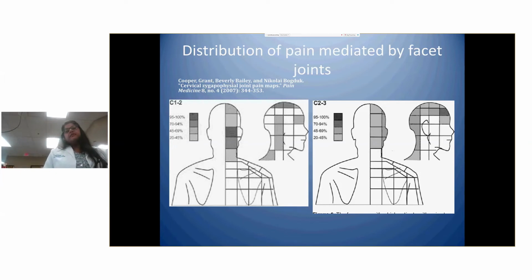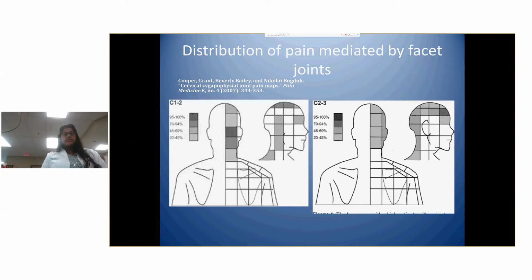And the researchers performed facet joint injections, facet joint blocks, at areas based off of where they thought their pain was originating from. And if it was a positive or a negative result, that was recorded. A nurse was blinded. If the patient had a negative result, another level was trialed. Based off of all those results, these pain maps were developed for estimating where pain from different facets went in a distribution pattern.